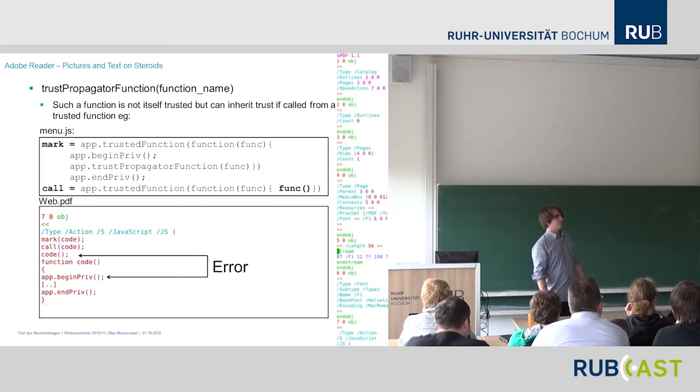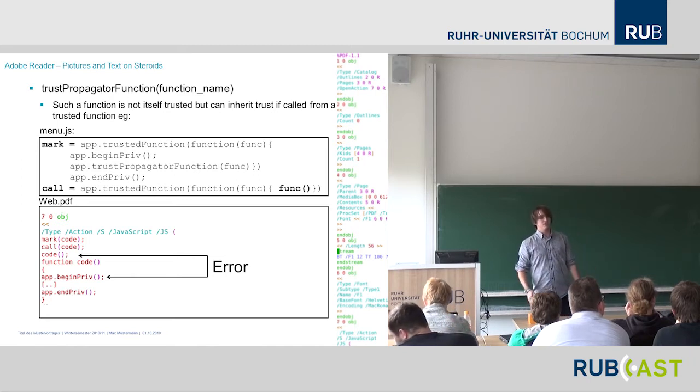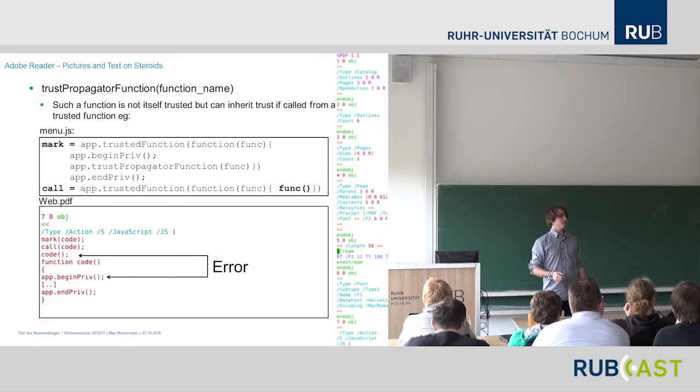They also have a trust propagator function. Such a function is not trusted by default. Only if it's called from a trusted function, it inherits this trust and can call app.beginPriv and endPriv.